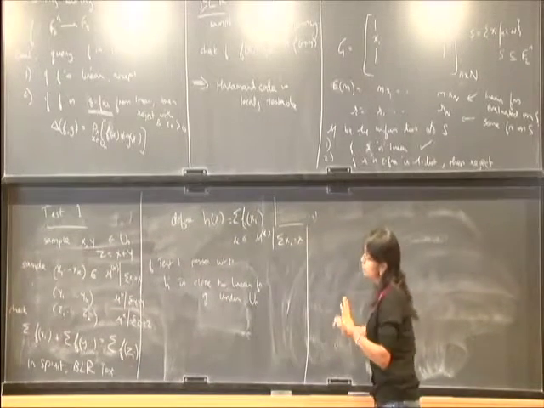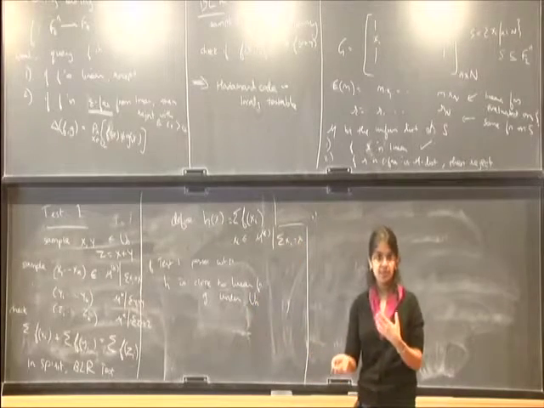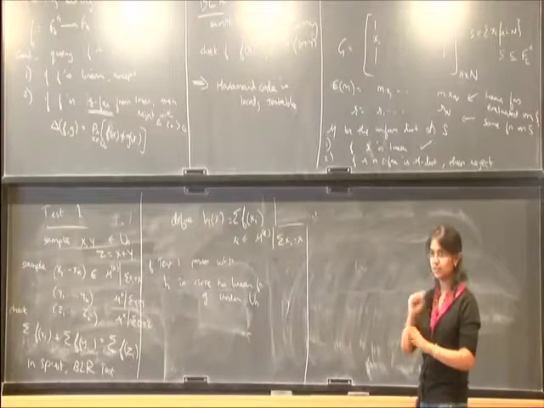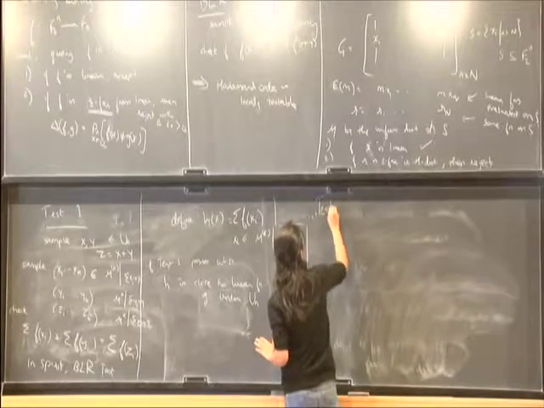Okay, but what we wanted was to show that the original function f is close to some linear function g under the mu distribution. So test 2 will help us do exactly that. So here's test 2.